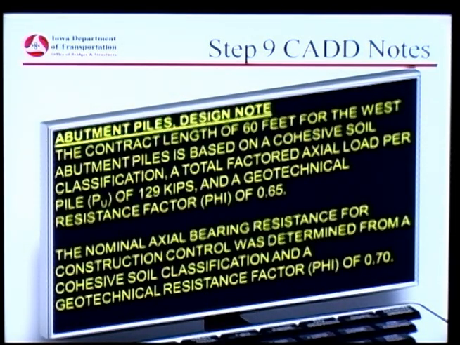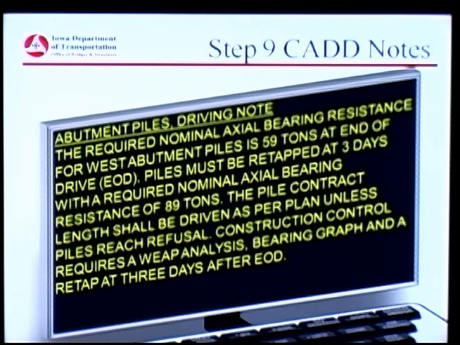So the design note basically is to summarize the information of the load, the geotechnical resistance from the Blue Book, the resistance factors used, and to specify the type of construction control. In this case it is WEAP, from a cohesive soil classification and a resistance factor of 0.7. That is based on the retap of 3 days that the selected resistance factor is 0.7. And driving notes, 59 tons at end of driving.